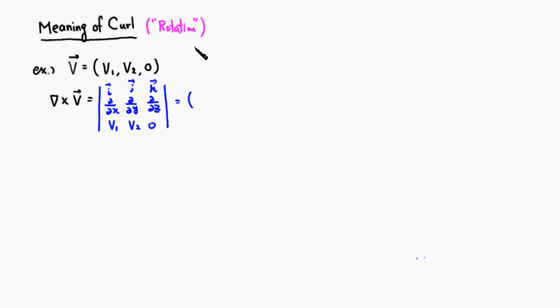V actually depends on only x and y, so this is going to be 0. And then minus, partial of 0 would be 0, right? And the last one is going to be partial of v2 with respect to x minus partial of v1 with respect to y.